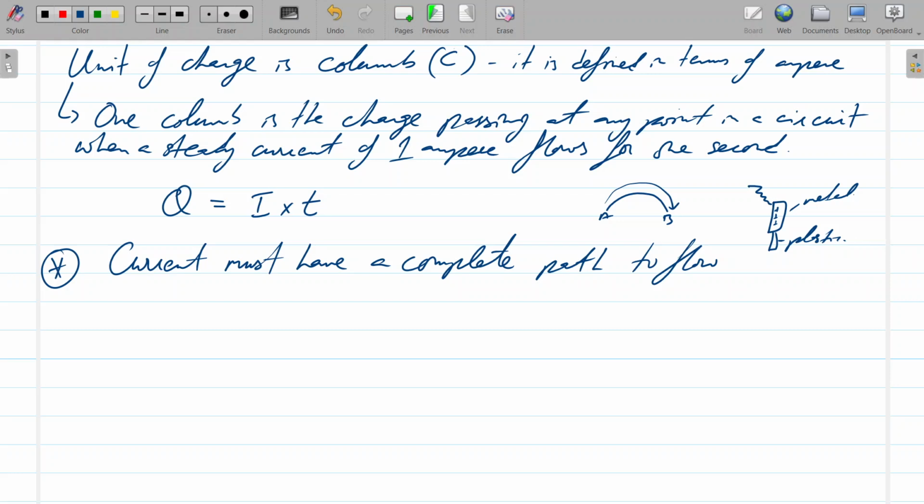You need a complete path. For example, if you want to go somewhere, you need the roads to be open, right? If the roads are closed, then obviously you can't get to where you want to go. So current also needs a complete path or a complete circuit, right, from point A to point B to be able to flow.